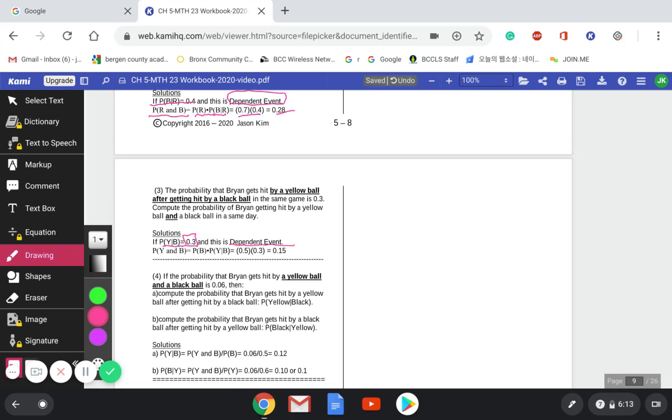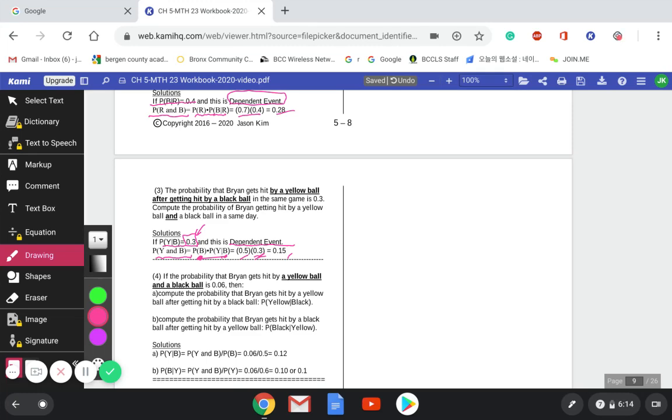Then the probability of black and yellow is P(black) times P(yellow given black), because yellow given black is the value they gave you. Black is the first event, so you have to get black first. So 0.5 times 0.3 is 0.15. Okay.